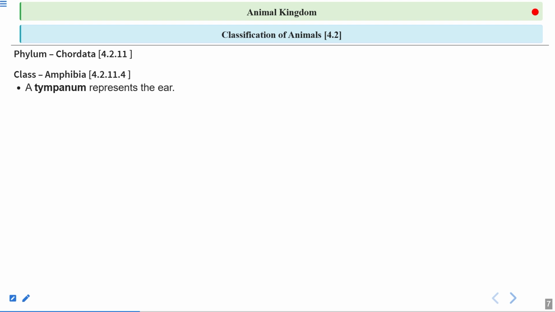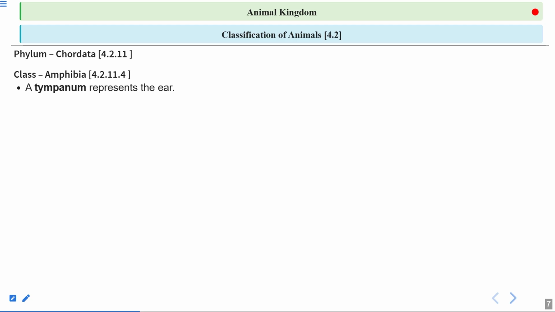So they do not have an external ear like we humans have our pinna or external ear. They have this tympanum which represents the eardrum, and this is the ear. The tympanum only represents the ear.